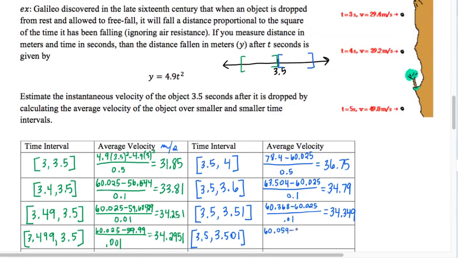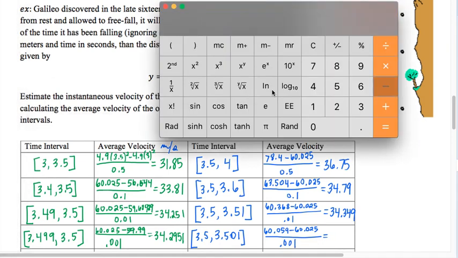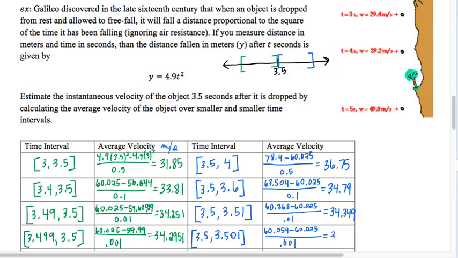I'm going to subtract 60.025 from that and divide by 1,000th of a second. Let's see what we get. So minus 60.025, then divided by 0.001, get 34.3049. 34.3049.